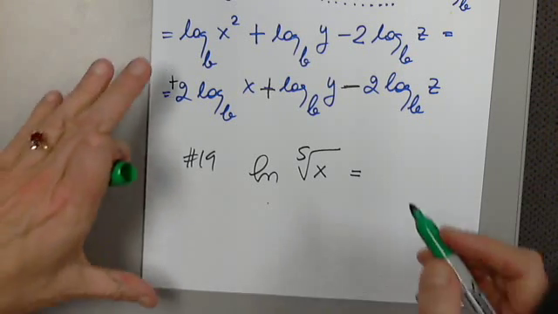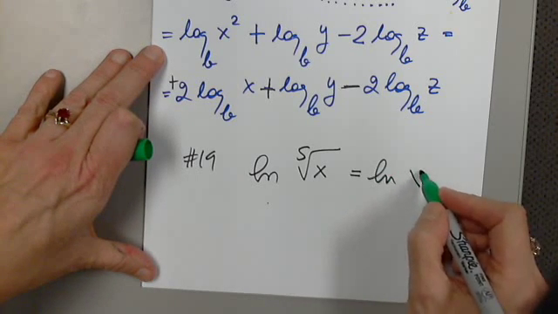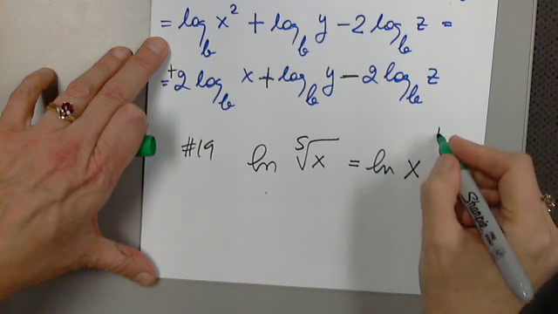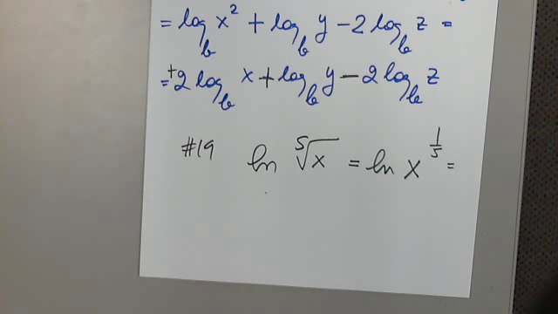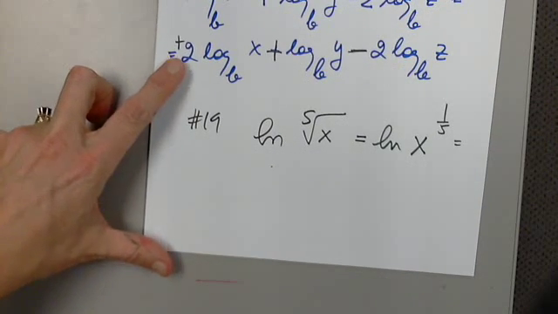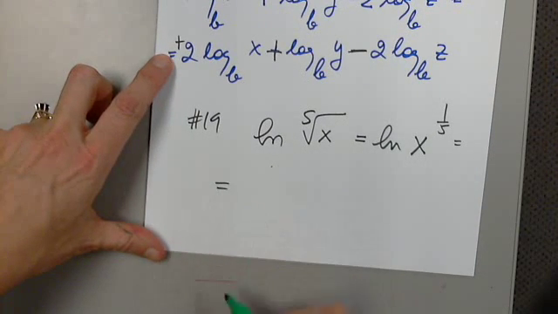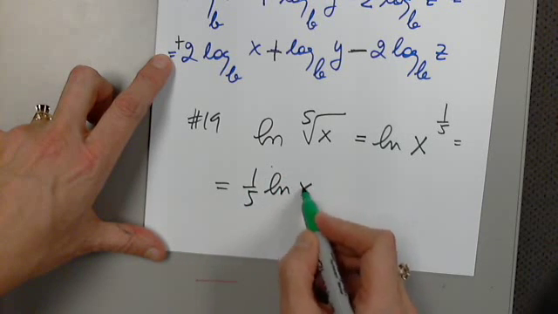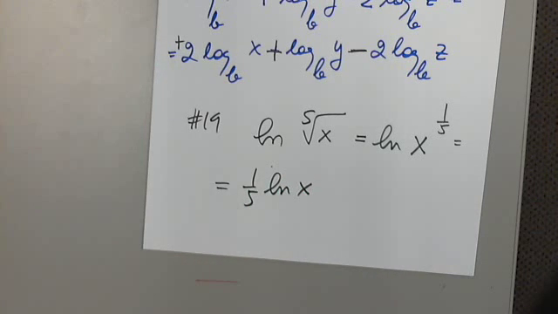So first I will replace the root by x raised to which power? 1/5, awesome. So the 5th root is power 1/5. There is only one property that I can apply here, which is to rewrite this as 1/5 natural log x. Any questions?